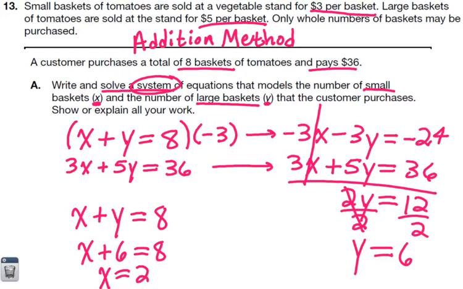Something else I want to point out is when you are in that situation where you have to make the x's opposites or make the y's opposites, it's not going to be random. It's probably going to be based on, is it going to be easier, less work, to make the x's opposites, or is it going to be easier or less work to make the y's opposites?